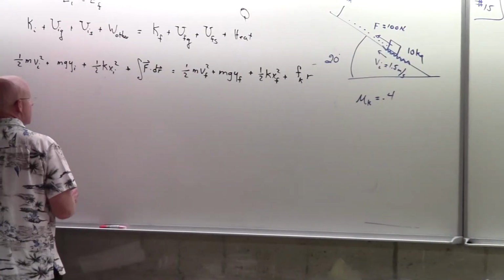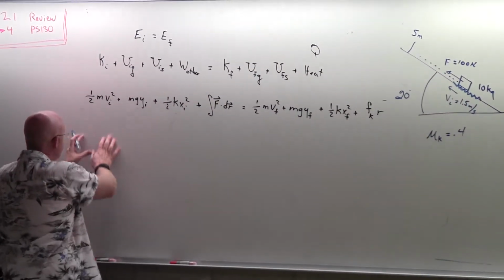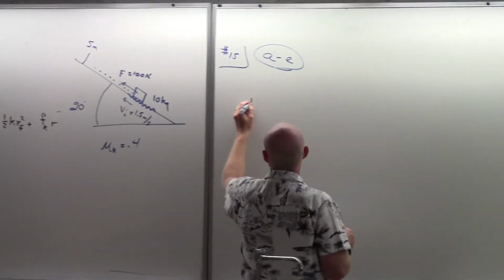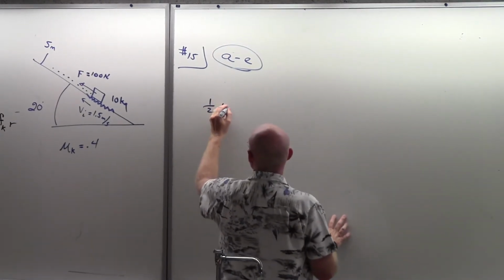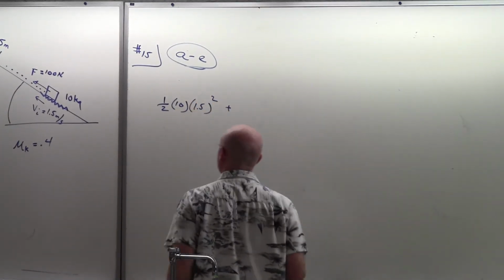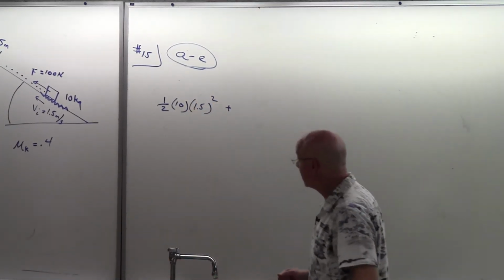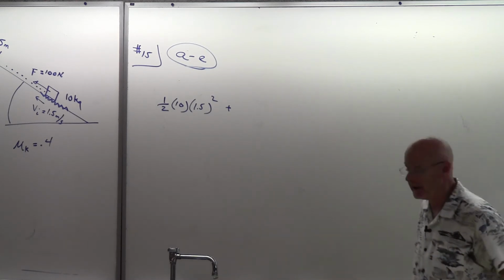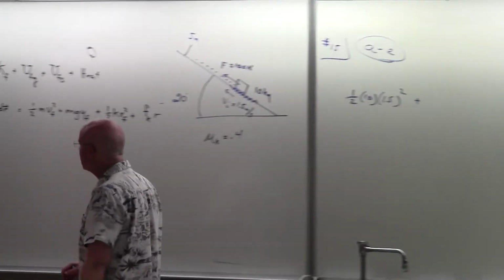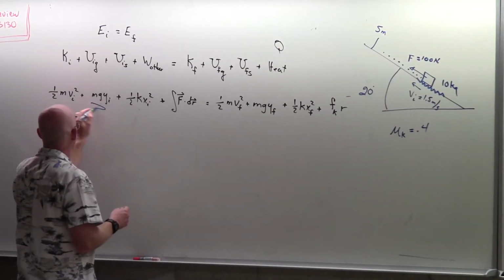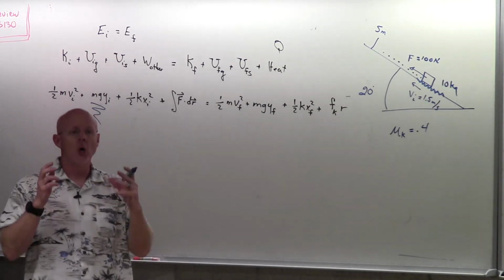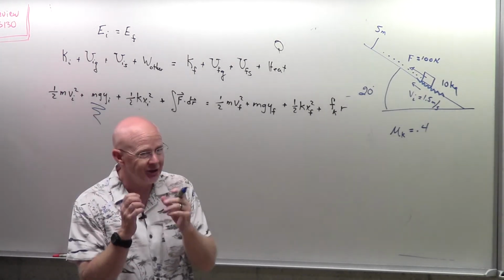And I think you'll begin to see it here. You'll see the first term, which is the initial kinetic energy. It is 1/2 times 10 times the speed of 1.5 squared. I made that very clear, both the mass and the initial speed. The second one here is the initial potential energy, which, as we've been doing for the last 2 days, first question is, what is the initial height?